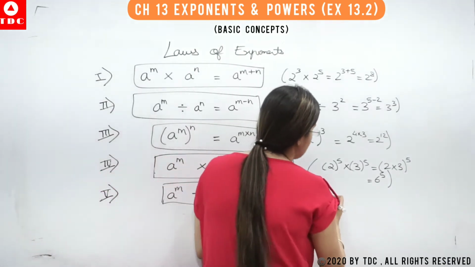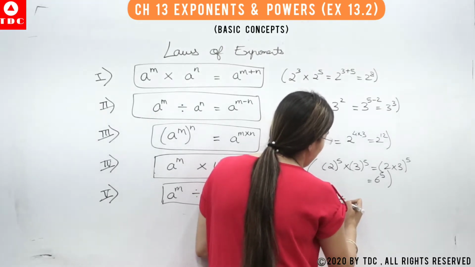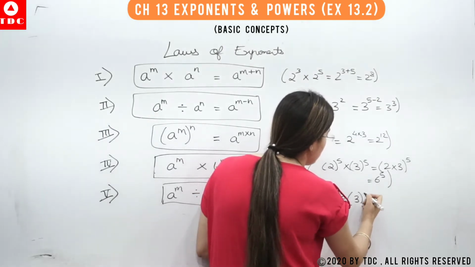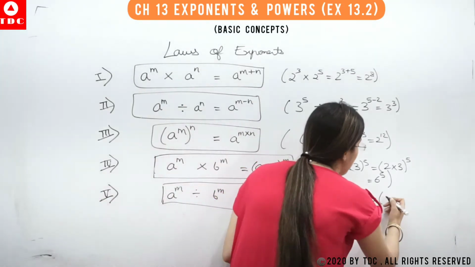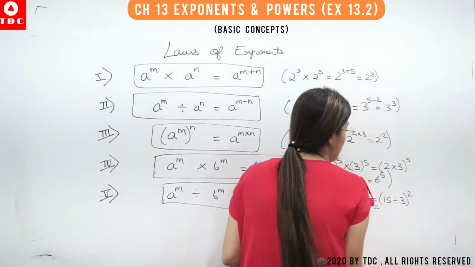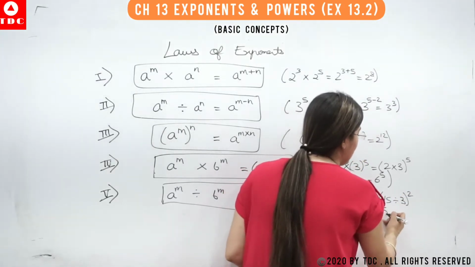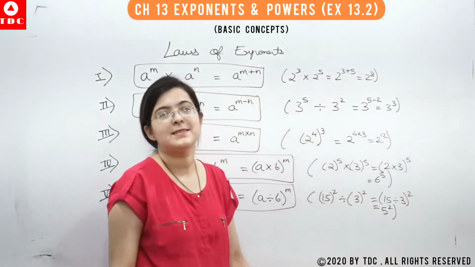That means if it is given 15 to the power 2 divided by 3 to the power 2, what will we do? First 15 divided by 3 and the power would be 2. So what will we get? 15 divided by 3 is 5 and the power is 2. The power is written once.